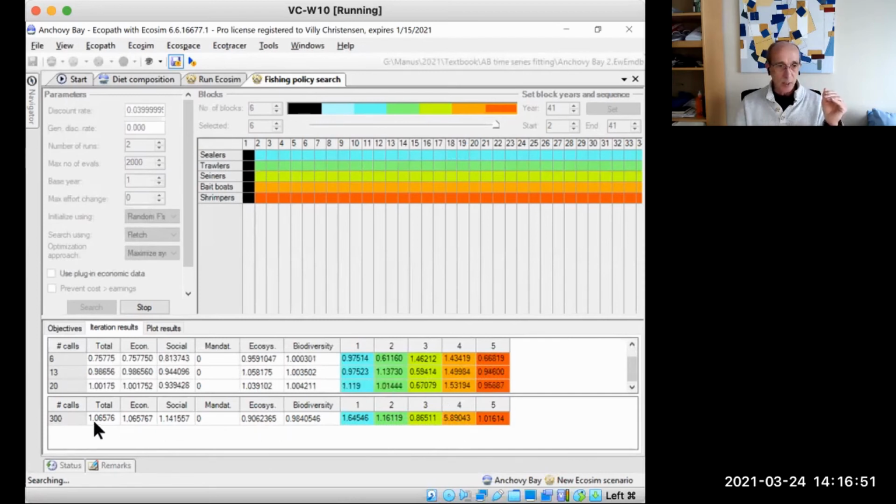And it was able to get a 1.06, or 6% increase compared to the baseline in profit. That was actually not very much. Now it's trying again.